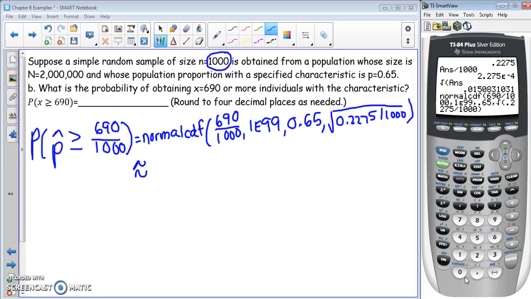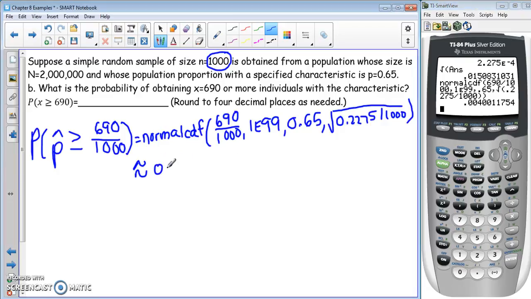Close the parenthesis to end the square root, close it to end normal CDF, and then enter. So 0.0040. There's our probability of obtaining 690 or more individuals with the characteristic.